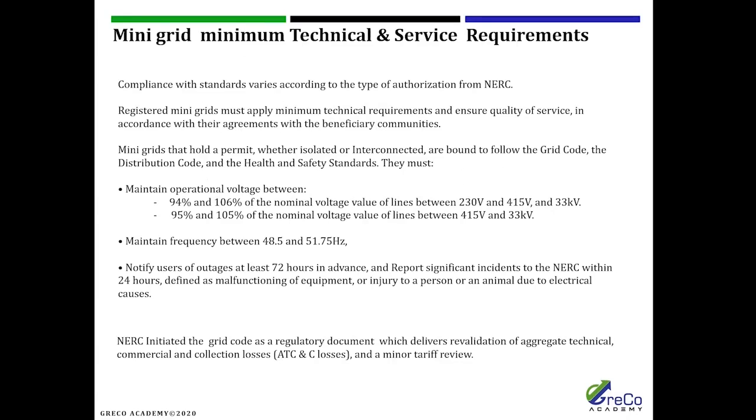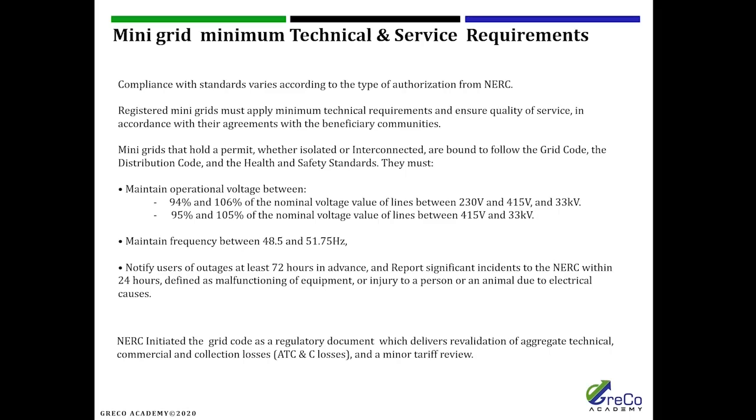Now, next slide, we'll be talking about the minimum technical and service requirements. Although, at present, it's a little bit more complex than this because of the recently approved NEMSA regulations, which is not actually covered here, but it is expected that a developer complies with the available standards.